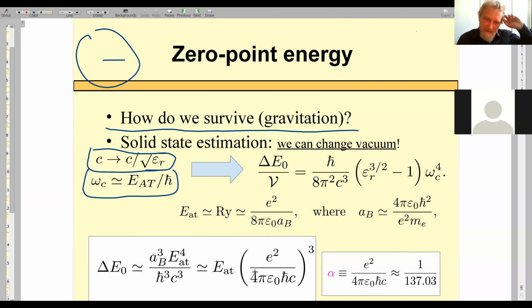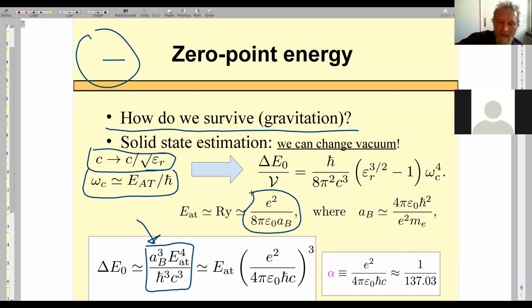Right. How much will I get? For convenience, I introduced here atomic units. So I rewrite atomic energy in terms of Bohr radius.